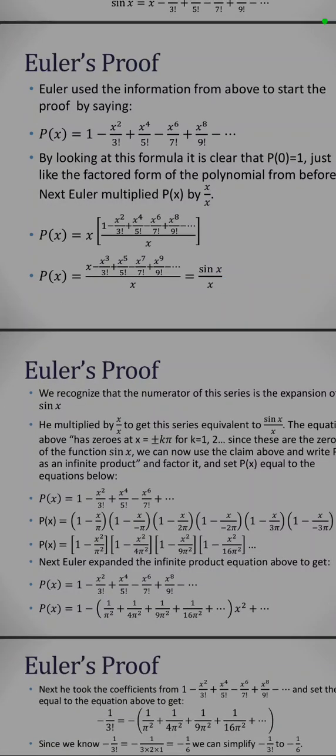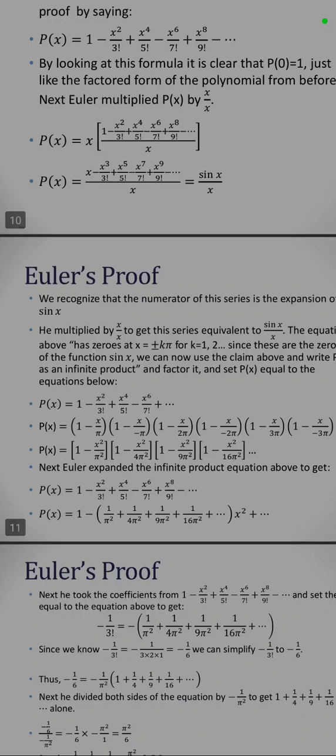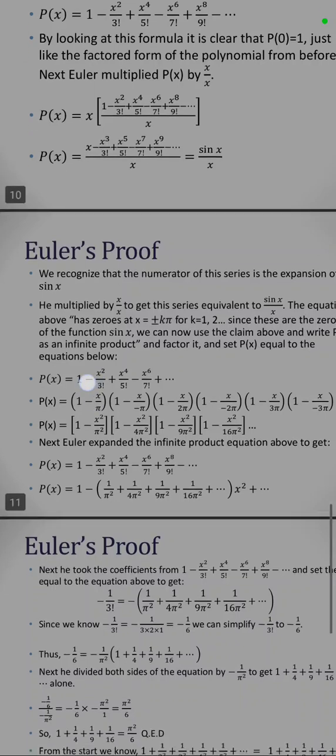And till here this is very simple, but 1 minus x upon pi, 1 minus x upon minus pi, substituting all the zeros of the equation, this is also very crucial. For example, most people would write x minus pi, bracket x minus pi as being the roots, but Euler did it in this format for it to be applied correctly.